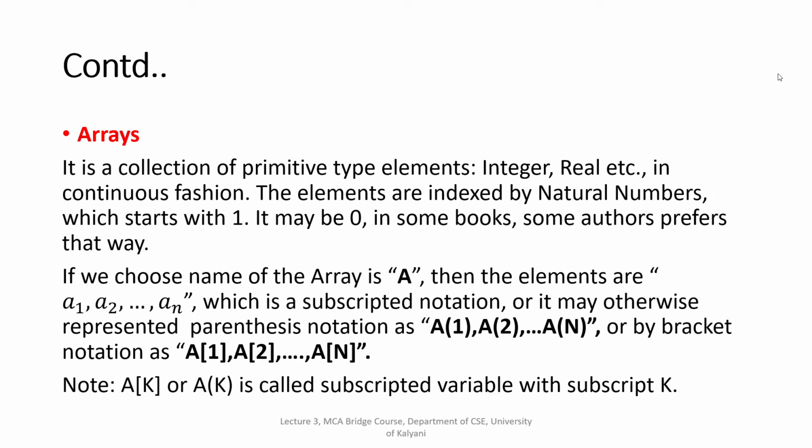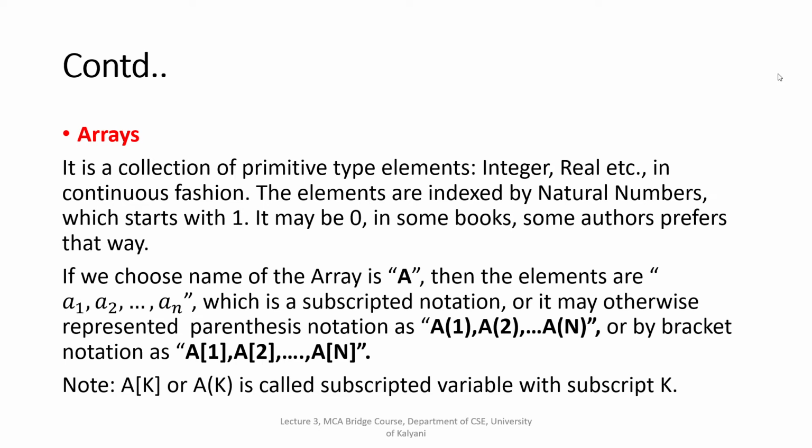So there are different ways to index the data. That is, if we want to fetch any single data out of this set of data, then we have to use different kinds of syntax.